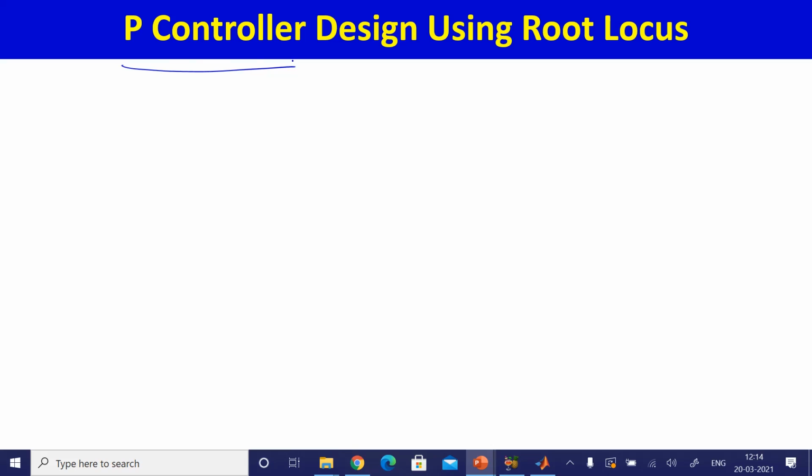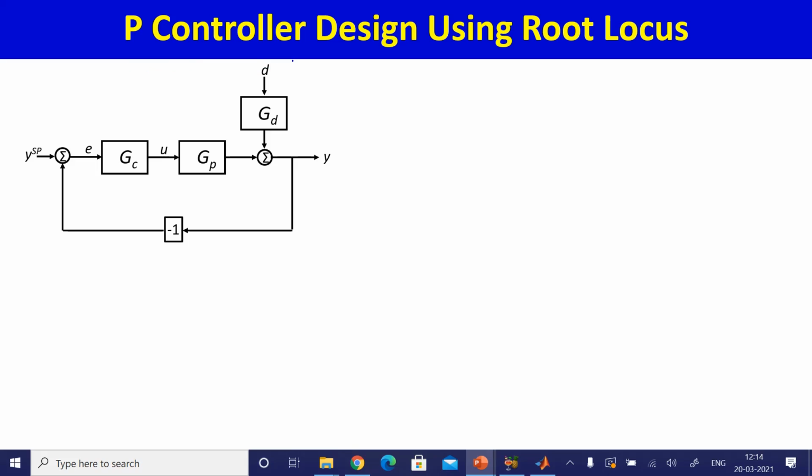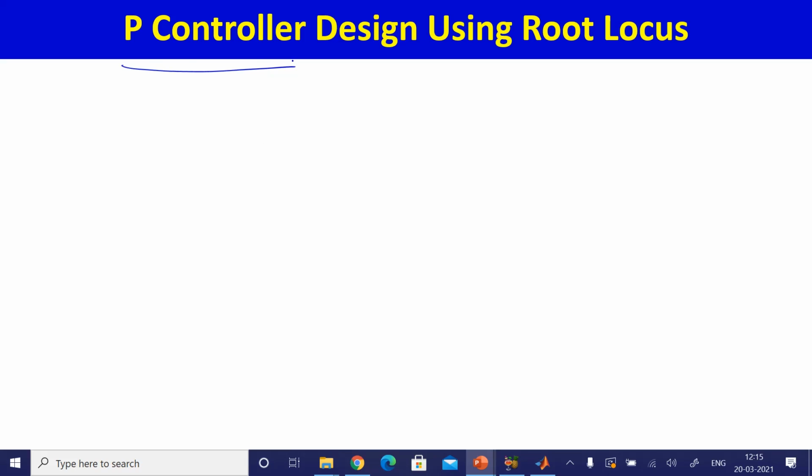And we have, as usual, our process transfer function, and GP, in this example that I'll be doing, is actually 1 over (s plus 1)(2s plus 1)(4s plus 1). And so you can see that open loop poles are s equal to minus 1, minus half, and minus 1 by 4.